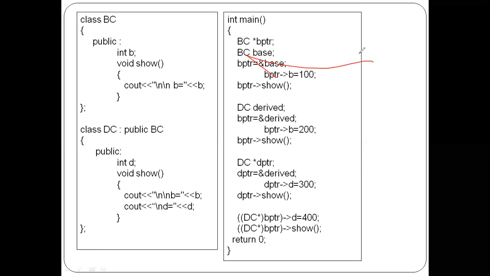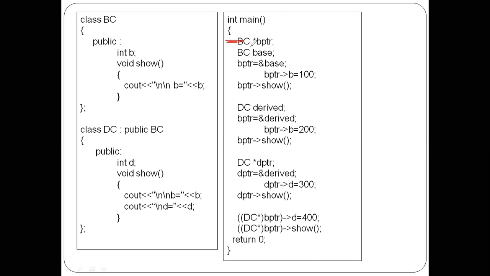Pointer variable of the base class. Here in this case we have created the pointer variable of the base class. Clear up to this? Yes, next line. BC base, this is the normal object which we have created for the base class.